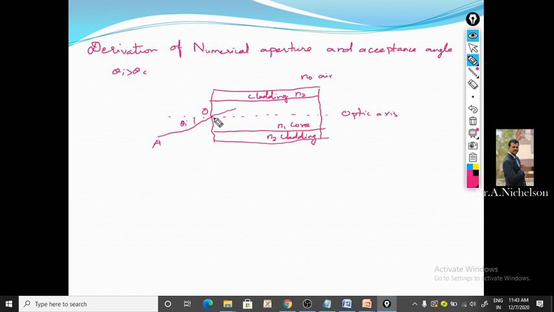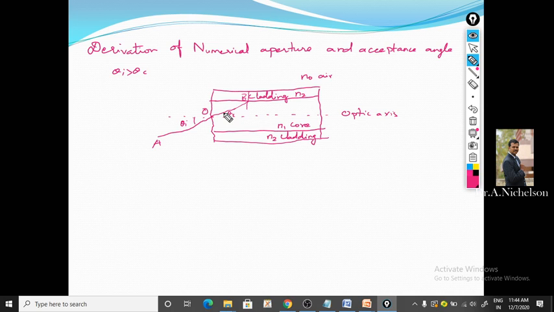Now it falls at the point, take this point as B. Now draw the perpendicular with respect to this B. Here, this is 90 degree. This one is theta r, right?